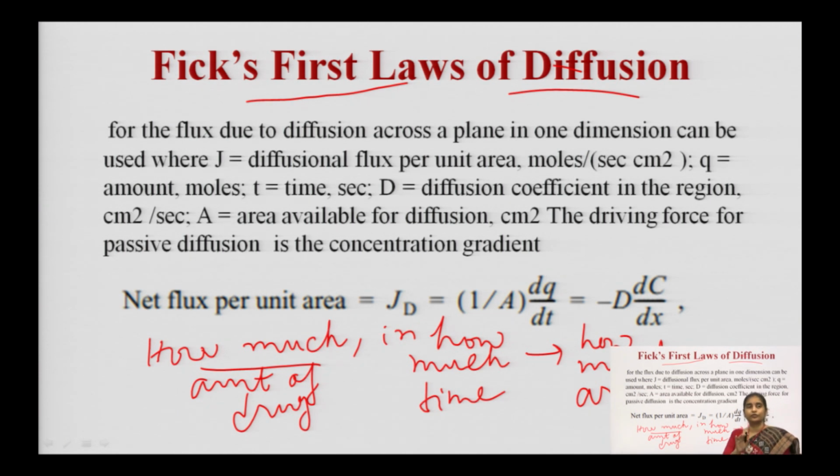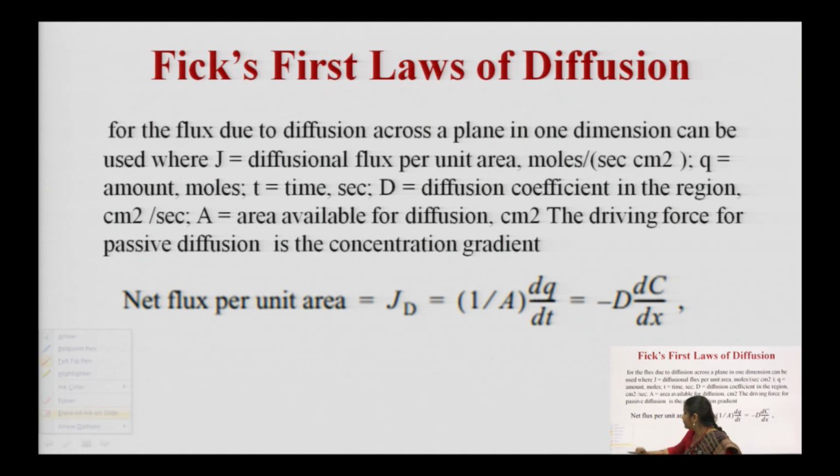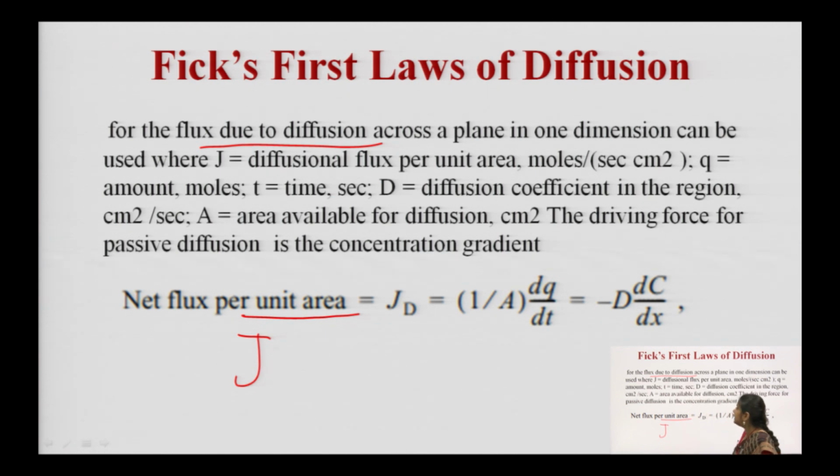So, these three 'how much' you have to remember: how much amount of drug, at how much time, and at how much area. Okay. So, we can say that this how much amount of drug which passes through this unit area in unit time is known as your flux, and that flux is denoted by J.